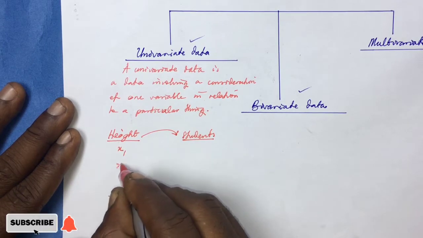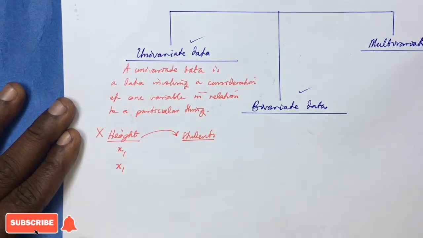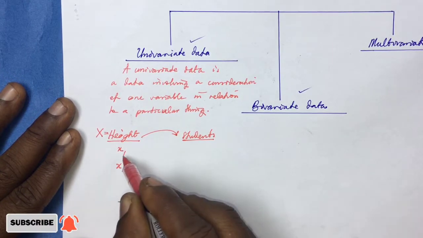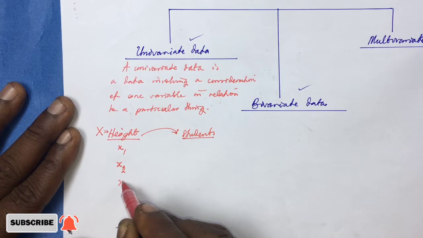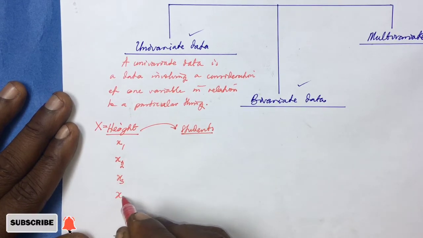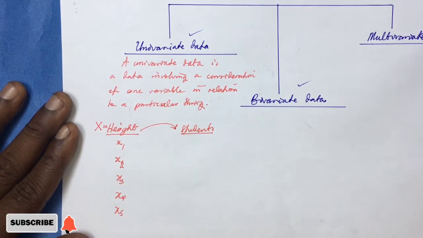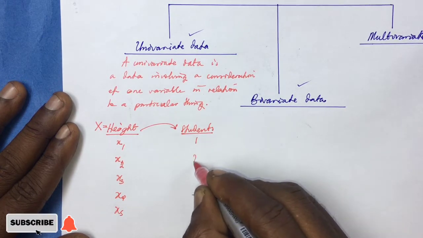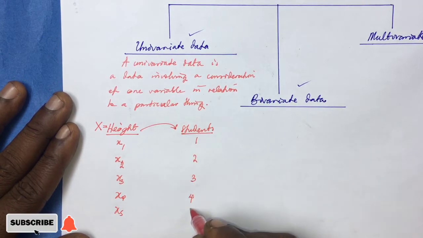Certainly, if x represents the variable height, then we would have x1, x2, x3, x4, and x5 height measurements taken on the 5 students, students 1, 2, 3, 4, and 5.